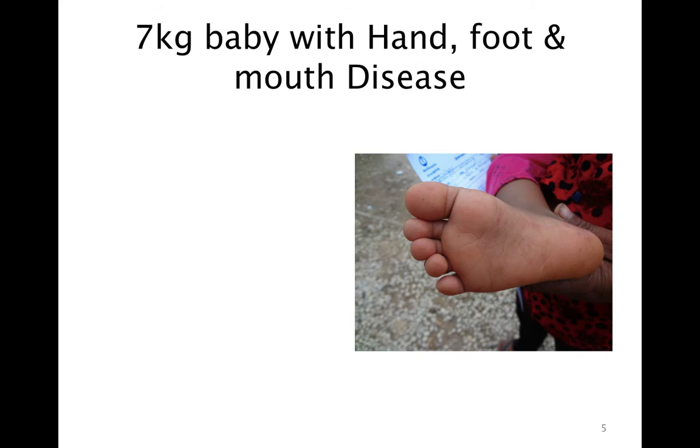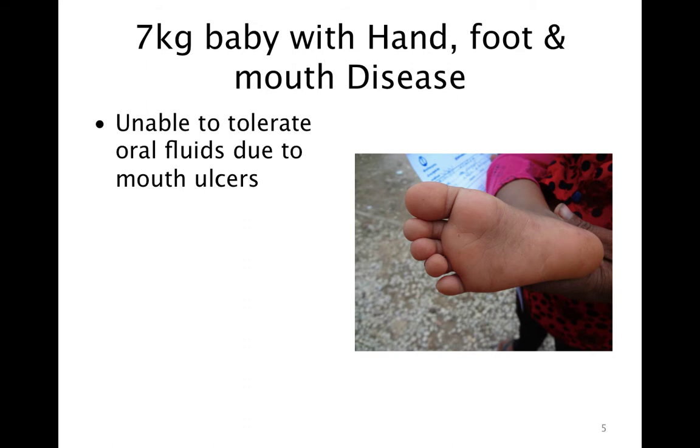A 10-month-old baby presents with hand, foot, and mouth disease. Due to their ulcerated, painful mouth, they are reluctant to take any oral fluids at all. They weigh 7 kilos.